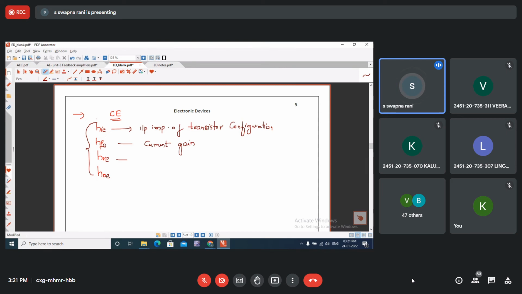Common emitter has its H parameters, common base has some H parameters, and common collector has its own H parameters. And this is the output admittance of the CE configuration.